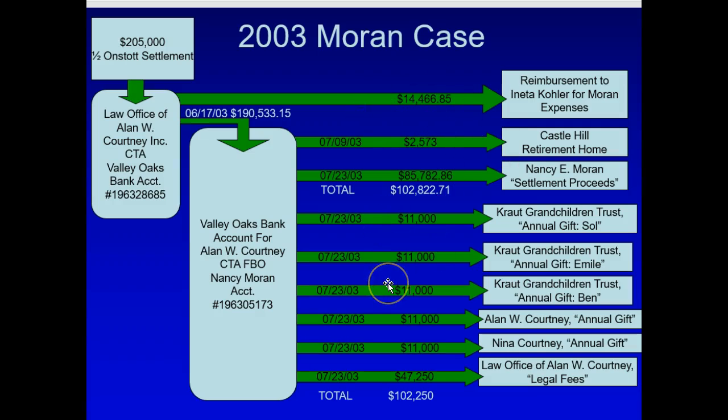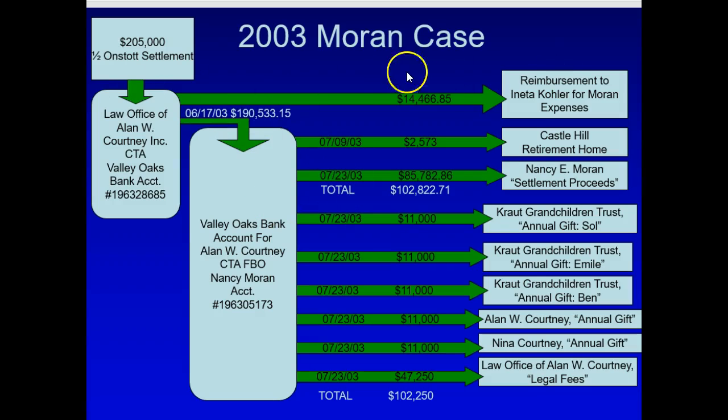The rest of it was all stolen. But we had to actually get the law office of Alan Courtney bank accounts at Valley Oaks Bank. And we had to get all the records for the Valley Oaks Bank trust account where he was holding money for this client, and accumulate all that information, which was several thousands of pages of documents.